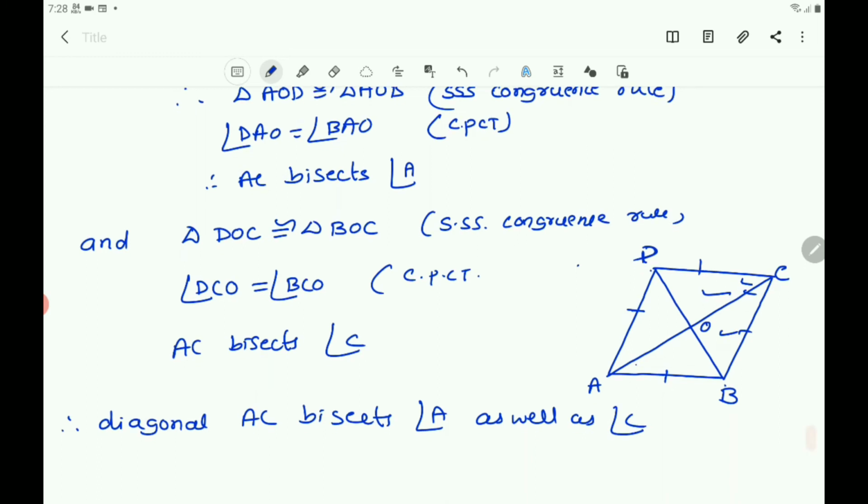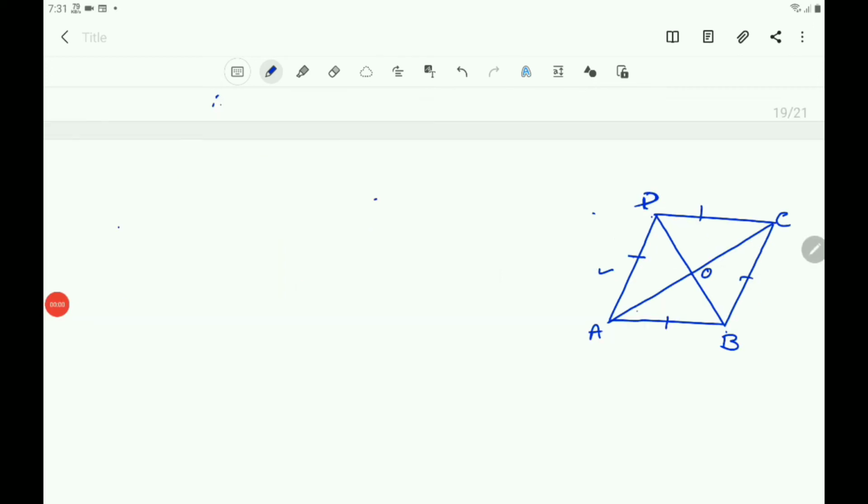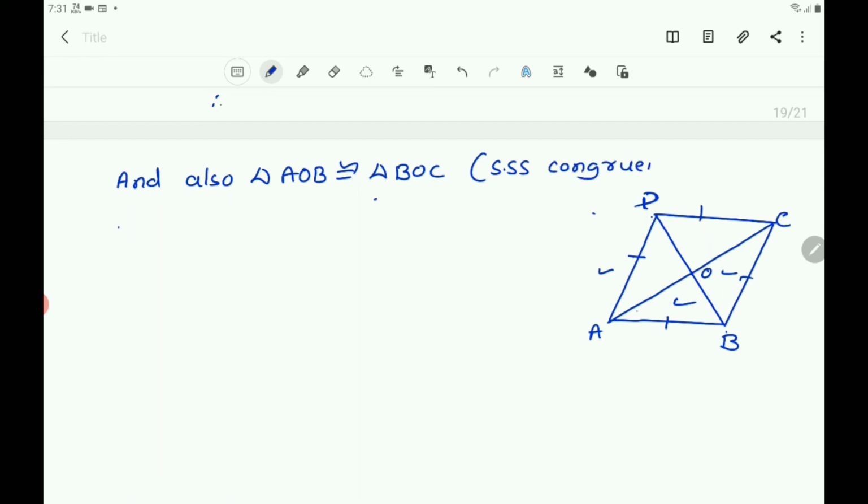Similarly, here if you want to prove the angle B and angle D are bisected by the diagonal BD, here you can take triangle AOB is congruent to triangle BOC, according to SSS congruence rule.